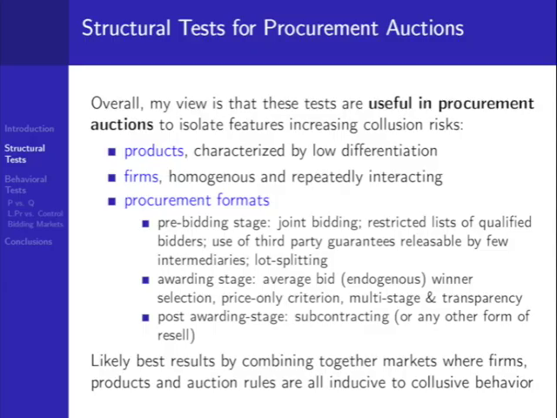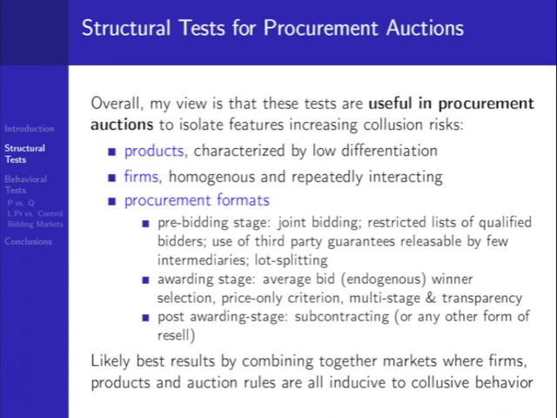In general, my view is that within the context of procurement auctions, one has to look for environments that have products characterized by low differentiation, firms that are relatively homogeneous and repeatedly interacting, and procurement formats that have features that might be helpful to sustain collusion.